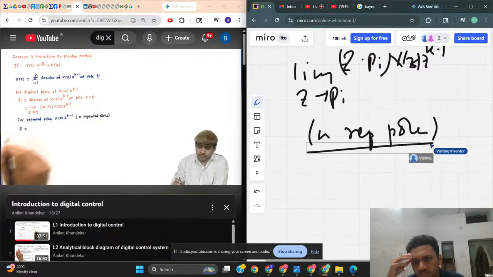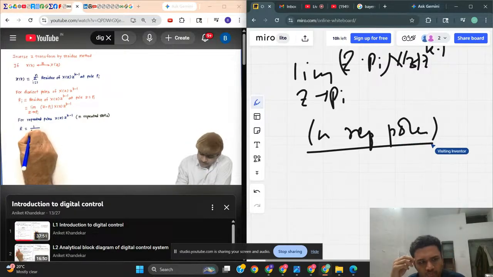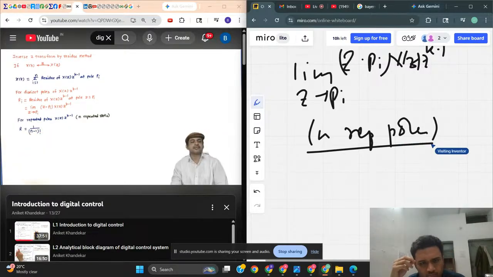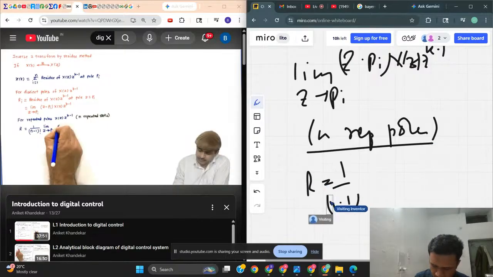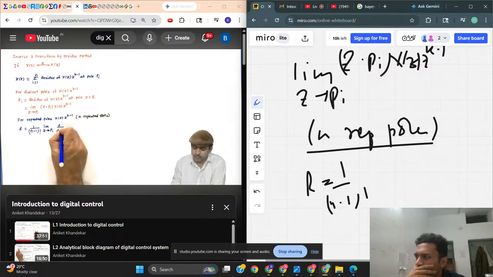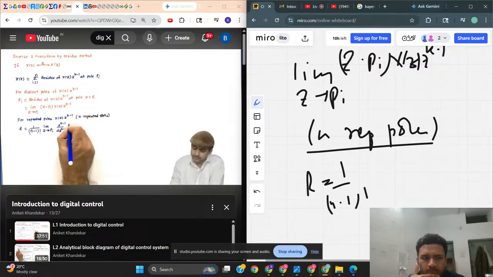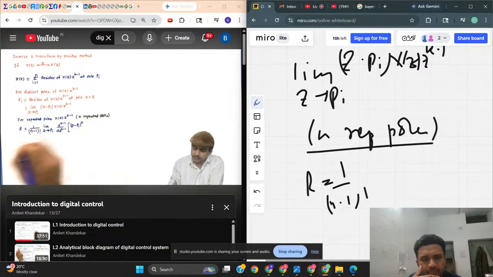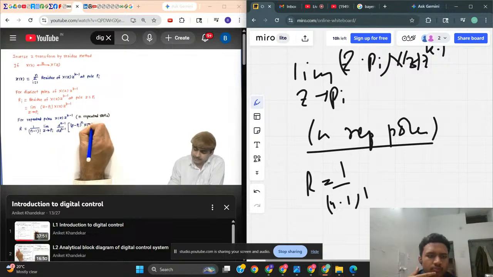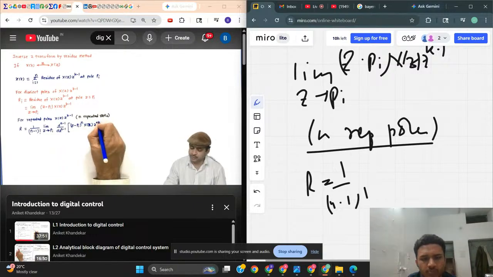In that case, this residue is given by 1 upon (n minus 1) factorial, limit z tends to p_i, the pole, of the (n minus 1)th derivative of (z minus p_i), the repeated pole, raised to n into X(z) z raised to k minus 1.